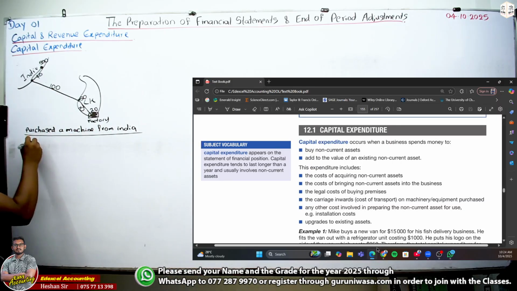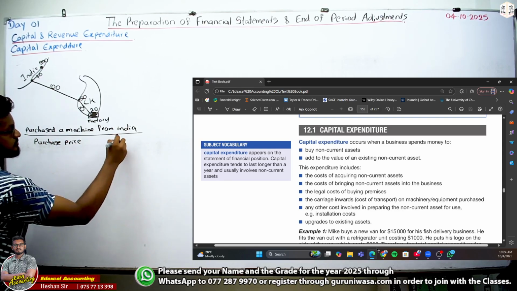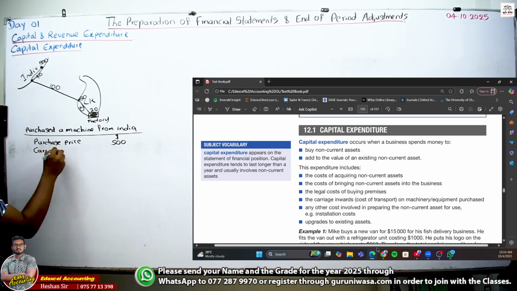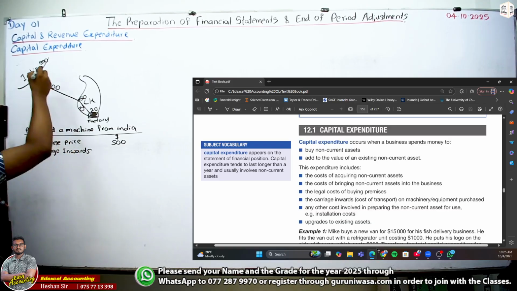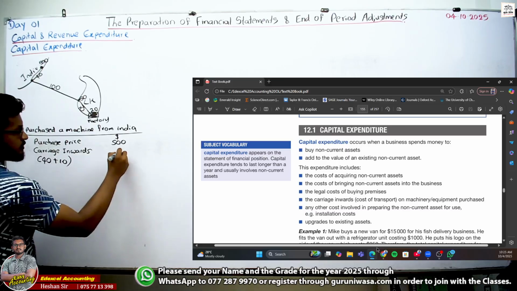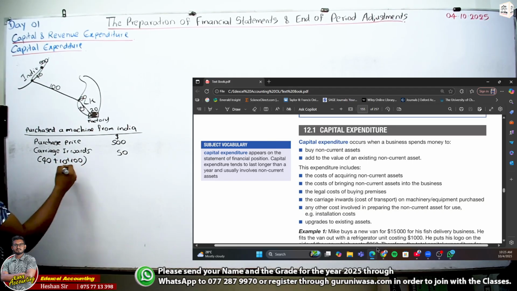So our purchase price is 500. Then carriage inwards: from the Indian place to the Indian harbor 40, and from the Sri Lankan harbor to our business place 10, that is 50. Legal costs sometimes as well. Together, you can see this is 100 for shipping charges.